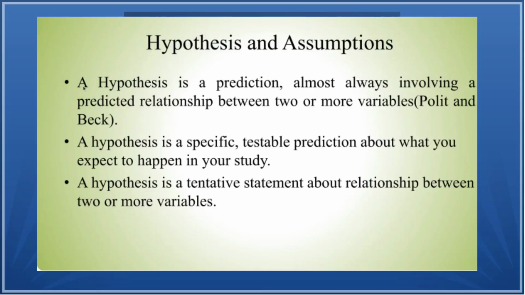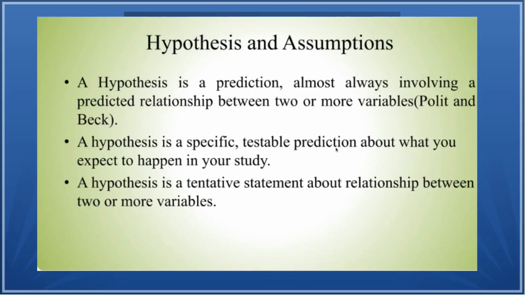What is hypothesis? A hypothesis is a prediction. Okay, you are predicting the future, guessing about the future event. Almost always involving a predicted relationship between two or more variables. Okay, according to Polit and Beck, a hypothesis is a specific testable prediction which is very specific. You can test it.